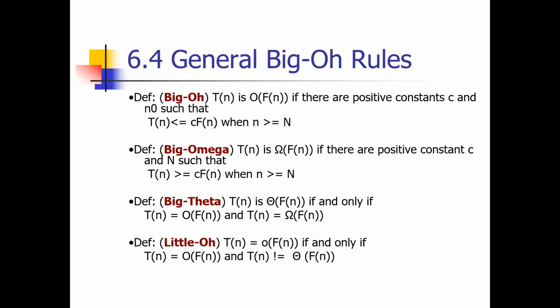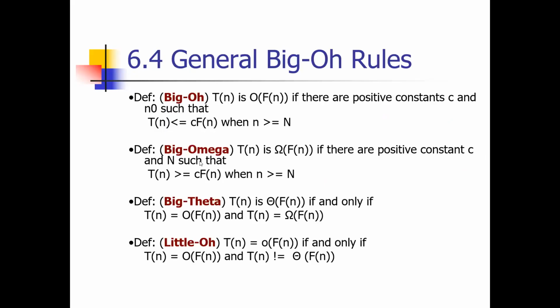So this here is the simplest way for you to understand theta and big O and so on. We know big O: if there are positive constants C and N0 such that the running time is less than or equal to this.